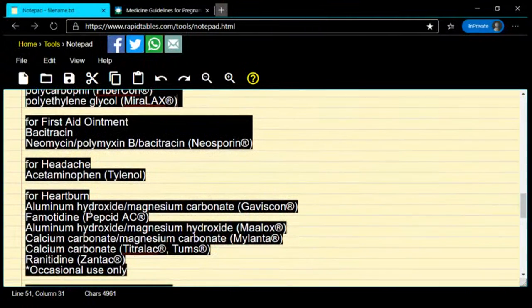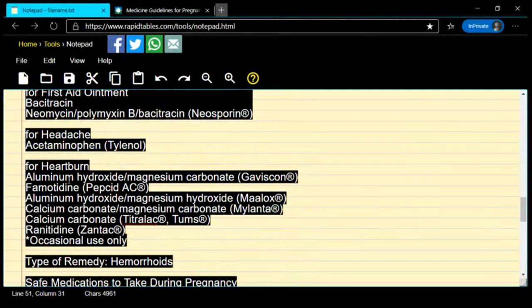For heartburn, aluminum hydroxide, magnesium carbonate, Gaviscon.